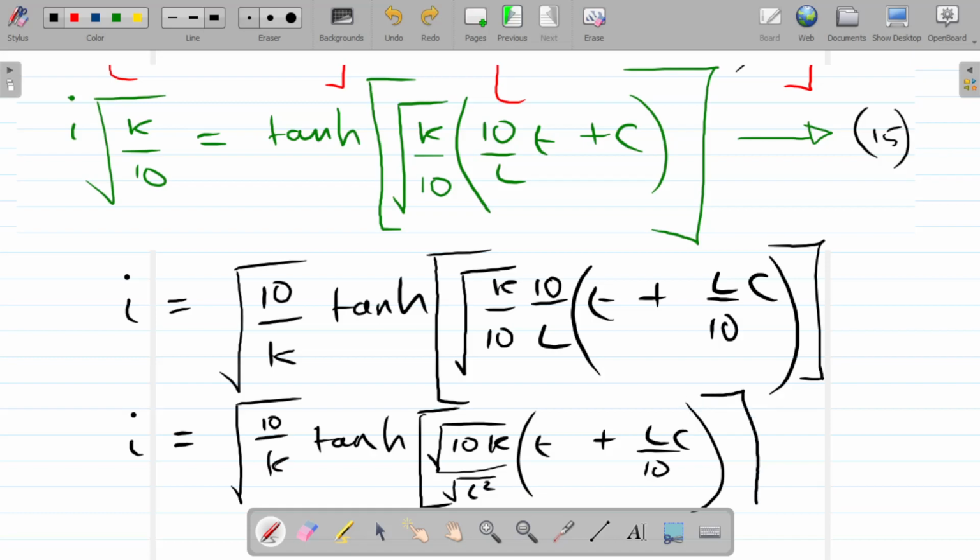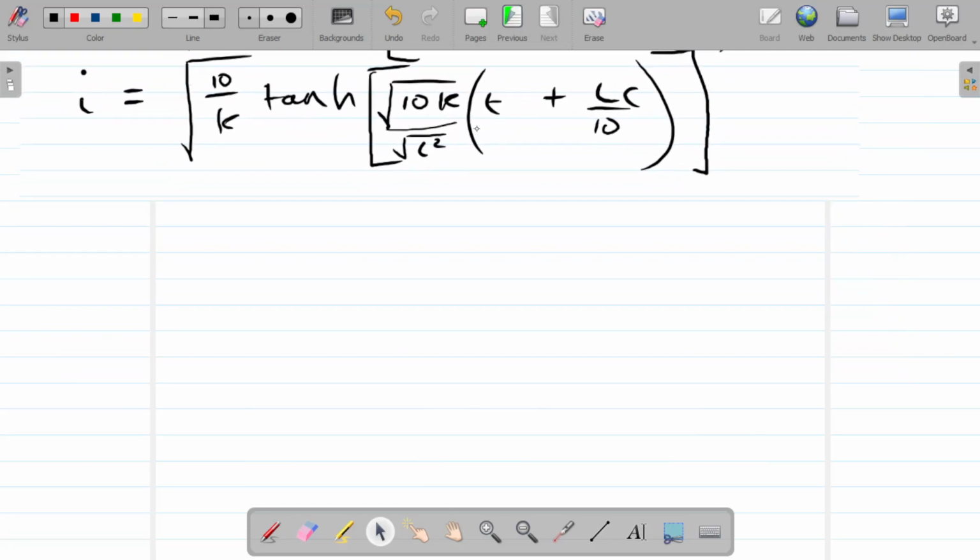Let's make that look a bit neater if I can. So is that right? We brought a root 10 to the top, so it becomes 10 times 10 to the minus a half, which leaves you with square root of 10. Square root of 10 times the square root of k is just the square root of the whole of 10k. And then on the bottom, we've just got an L on its own, but I've called it the square root of L squared. So let's tidy that up a little more.